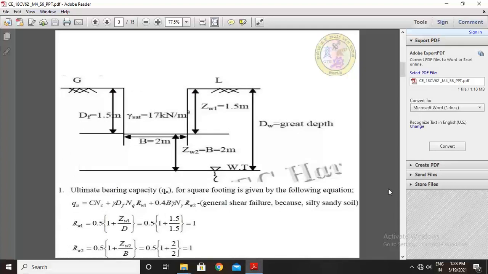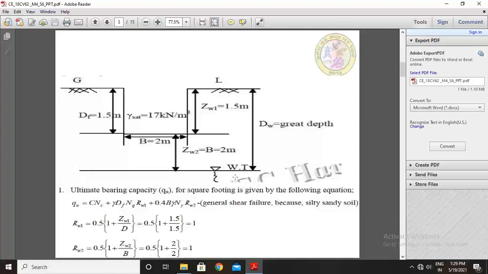Draw the diagram based on this condition. So this is the ground level, this is the depth of the footing 1.5 meter and width of the footing is 2 meter. Soil density is given gamma saturated 17 kilonewton per cubic meter, and water table at great depth means below the foundation.